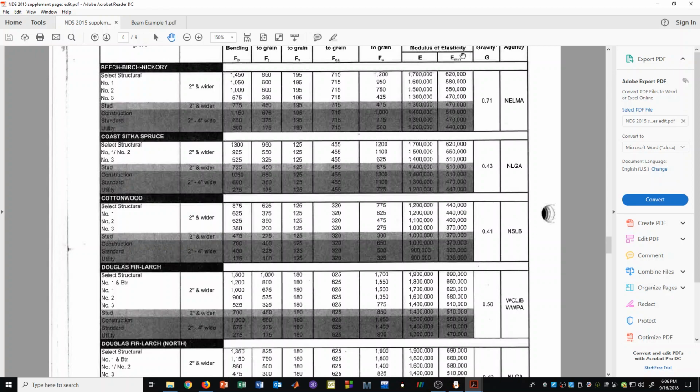We do not use the E minimum value in this particular case. E minimum is only used if we were going to look at some stability problems, and in this case, we are not. In fact, whenever you're doing deflection, you're going to use E. E minimum is only going to be used to calculate C sub L or C sub P, and we do not need to do that in this problem.